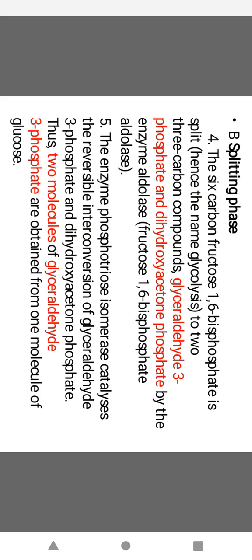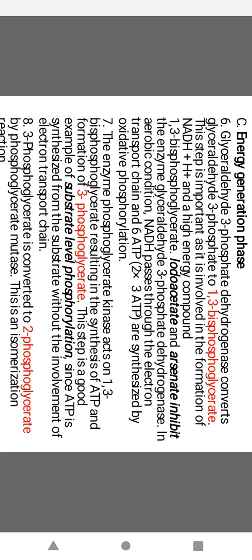Until this step we have one molecule, but after this step, we get two molecules of glyceraldehyde 3-phosphate. So two molecules of glyceraldehyde 3-phosphate are obtained from one molecule of glucose.